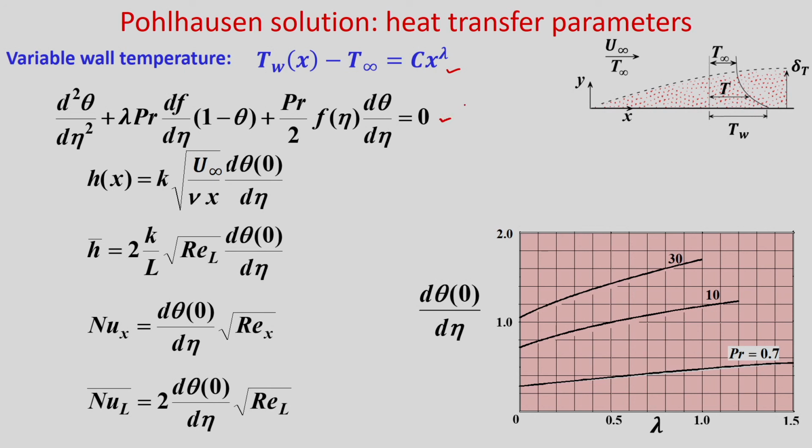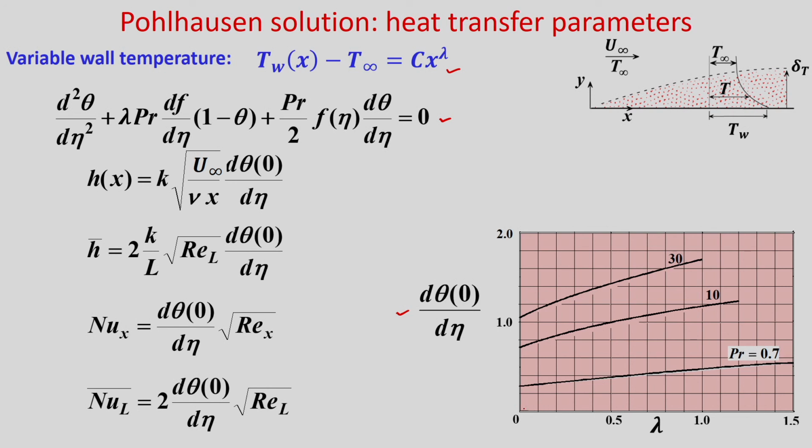This is an ordinary differential equation. For a special case we put lambda equal to 0, where the wall temperature becomes constant, so we drop this term. If you solve this equation numerically, you can calculate the non-dimensional temperature derivative at eta equal to 0, that means at the wall, for different values of lambda, and for different Prandtl numbers this is the variation.